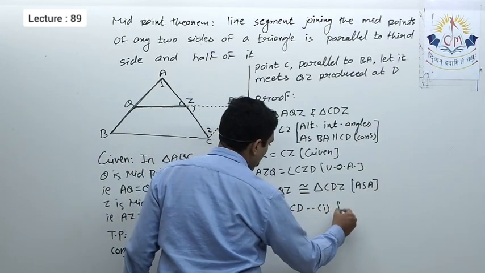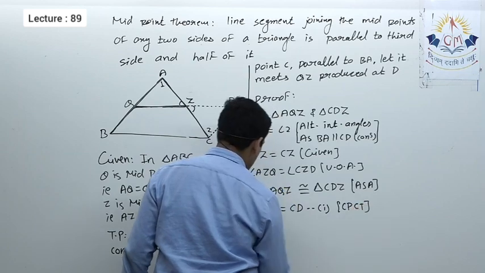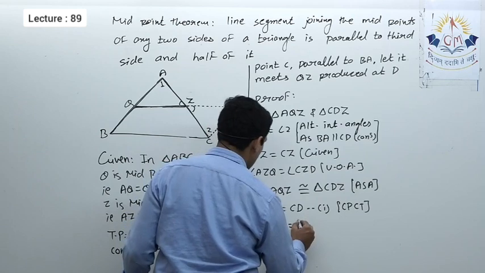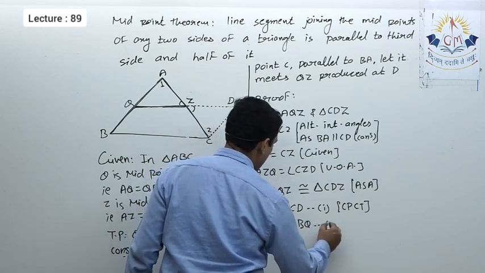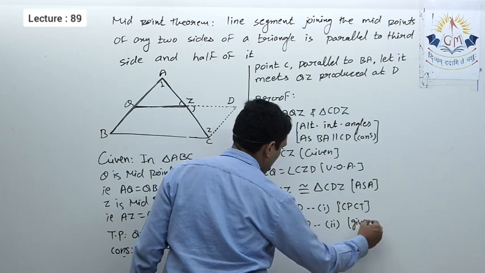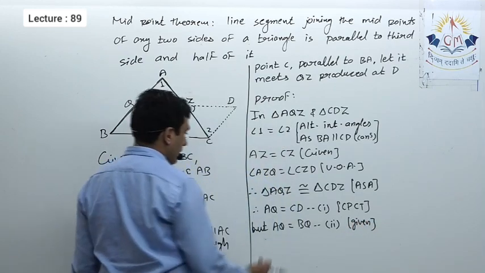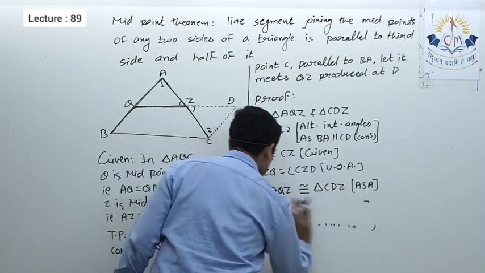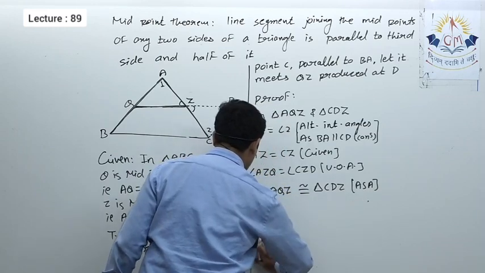Therefore, as these triangles are congruent, AQ is equal to CD. Let me change it a little bit, then it will be easy to understand.